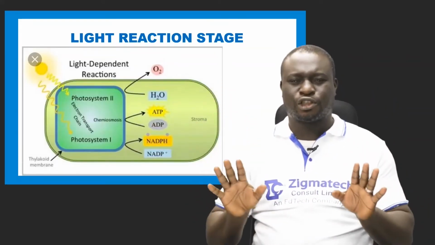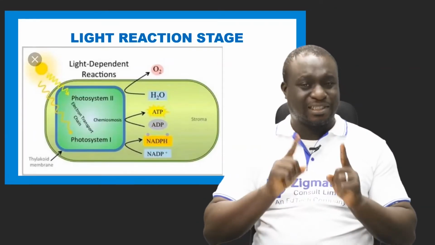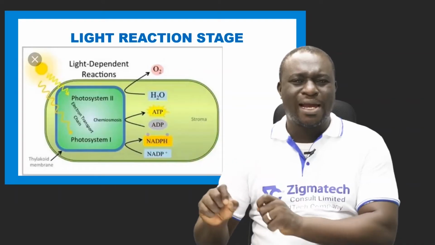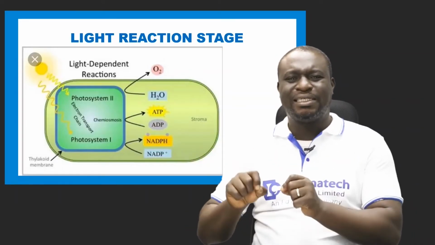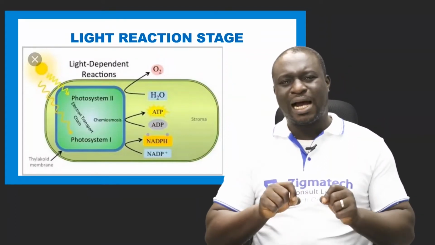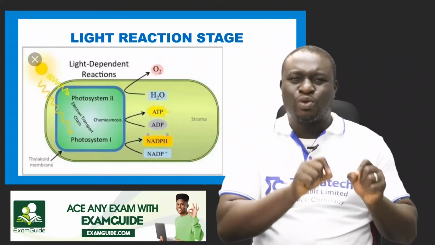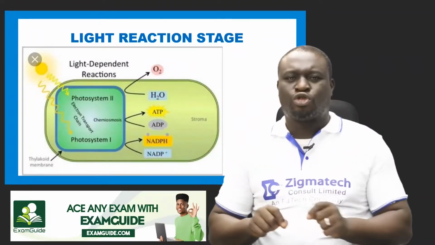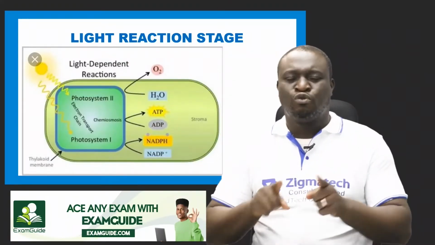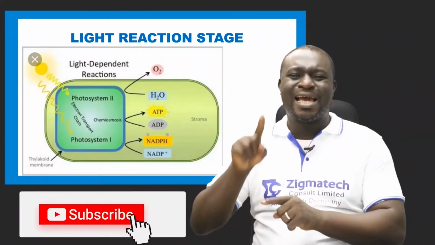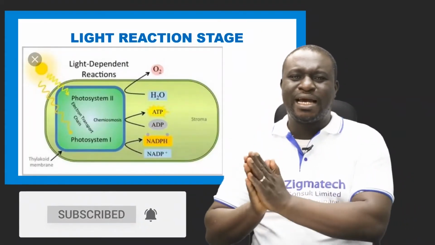Now, the third stage is that hydrogen ion then reacts, listen, with a coenzyme, and the coenzyme is NADP, which is nicotinamide adenine dinucleotide phosphate. So it reacts with NADP and reduces it from NADP to NADPH plus.